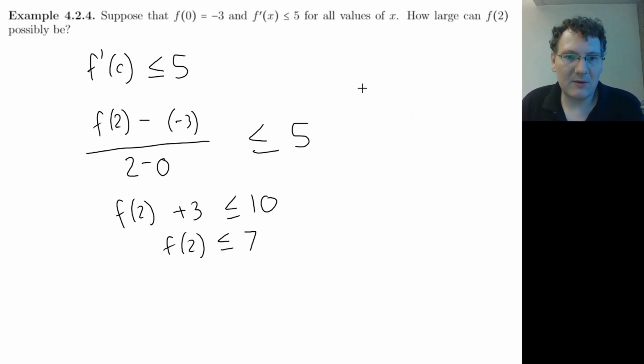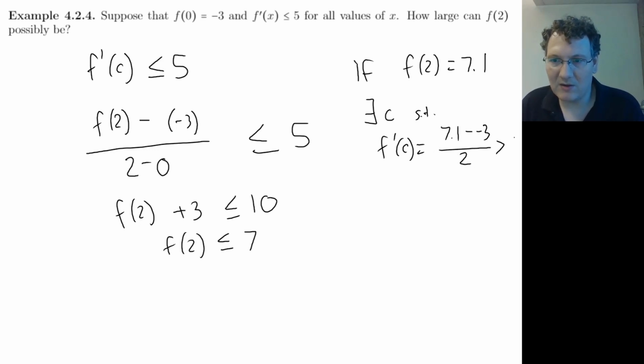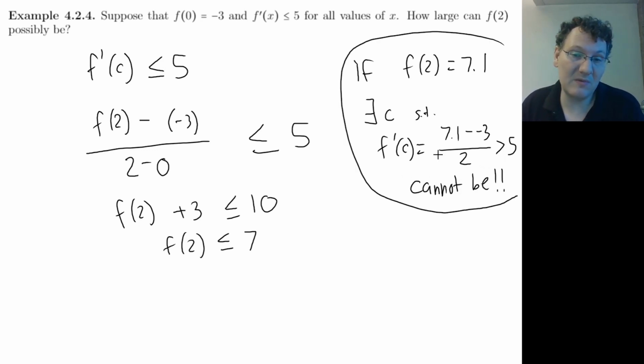So if, for example, f of 2 is equal to 7.1, then that means there exists a c such that f prime at c is 7.1 minus negative 3 over 2, and this is greater than 5, but this cannot be. So that's the idea. We can use the mean value theorem to put limits on the possible values of the function.